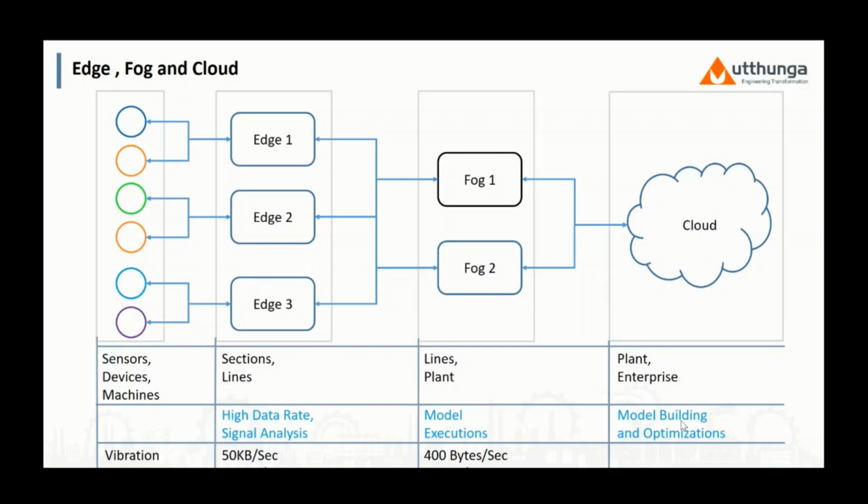And then the fog will be dealing at the lines and the plant level, where your model executions can happen, or plant-level situational analysis can happen. And then the cloud is where you have plant and enterprise, where you might be building and optimizing models and then feeding back to the fog.